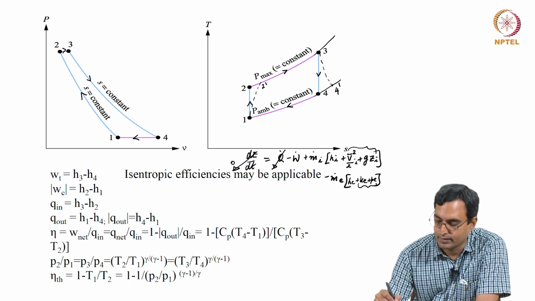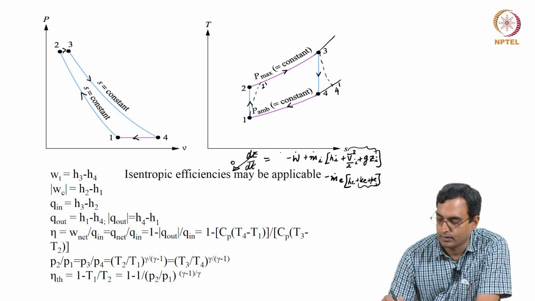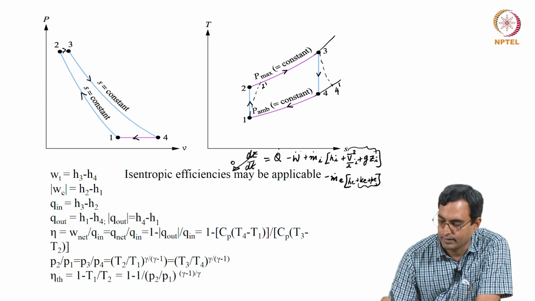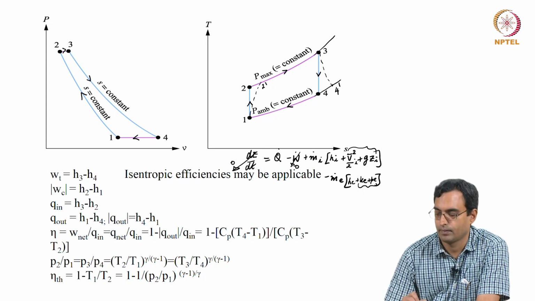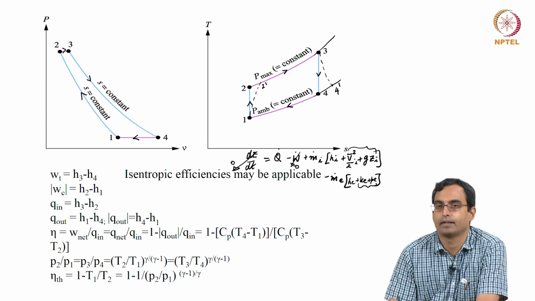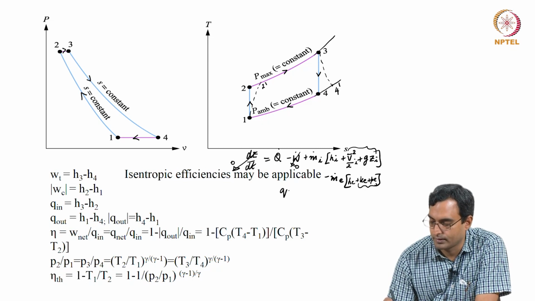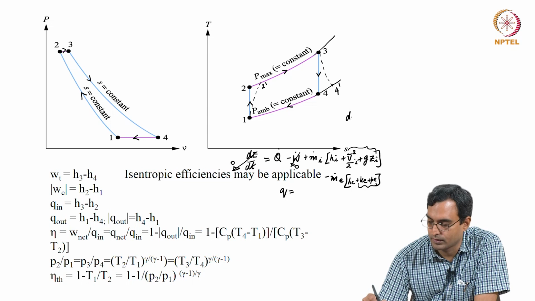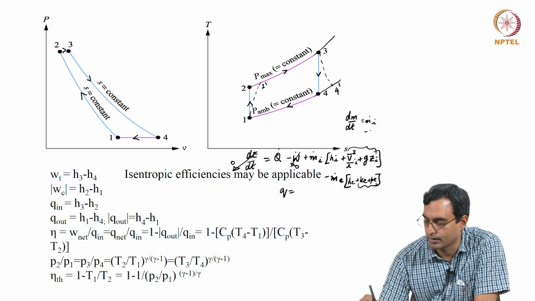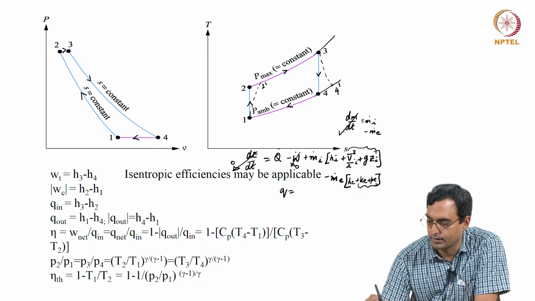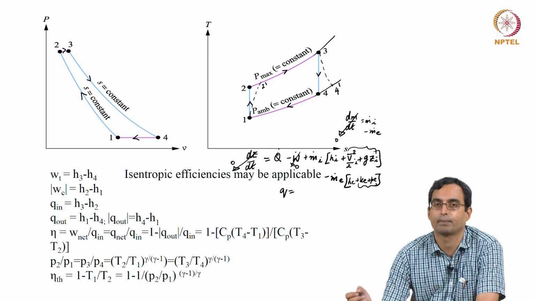For the heat exchangers, this remains and this is 0. So, we are left with the heat transferred on a specific basis. In addition to this, of course, we also have dm by dt is m dot I minus m dot E, and these are steady. So, this is 0. So, we are calling m dot I equal to m dot E equal to some m dot.